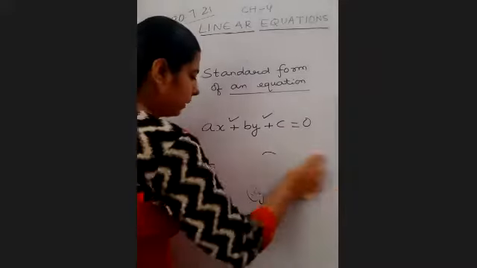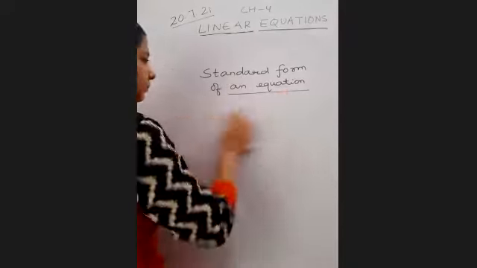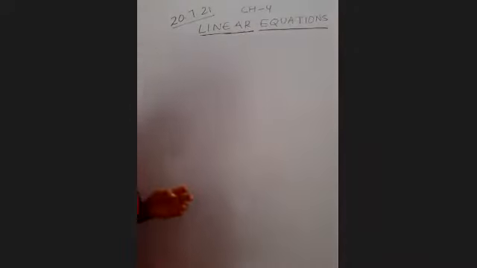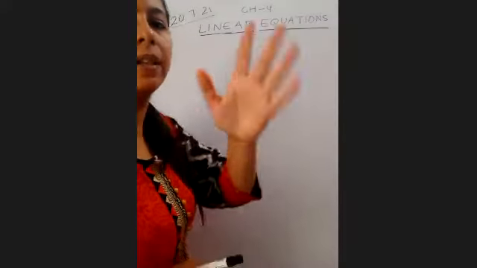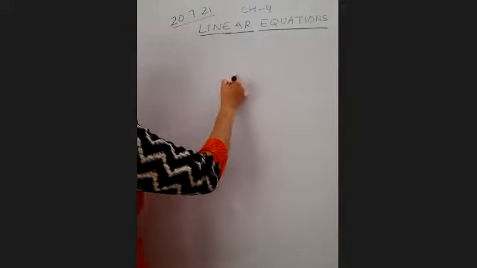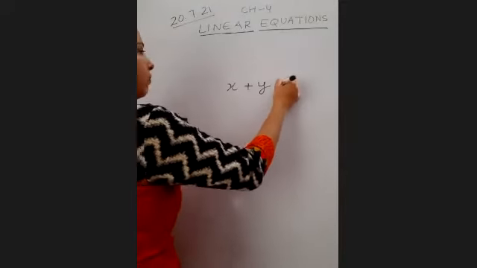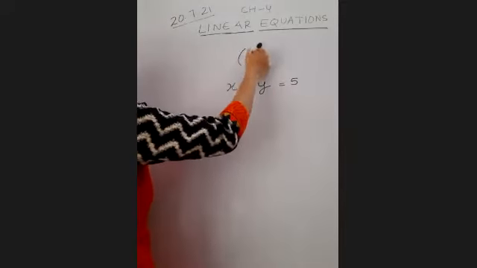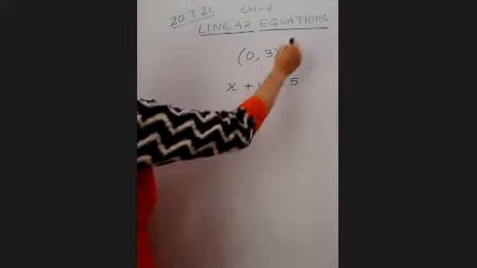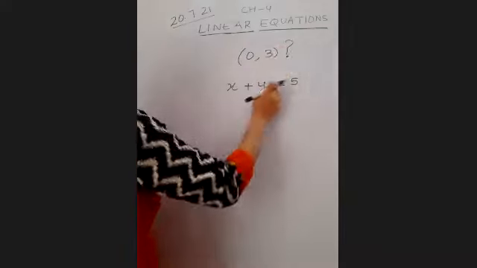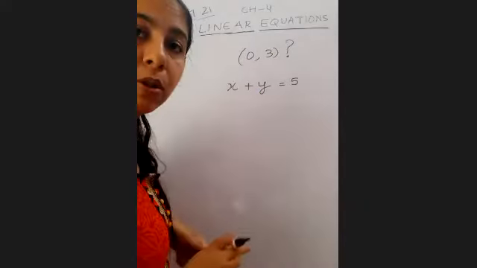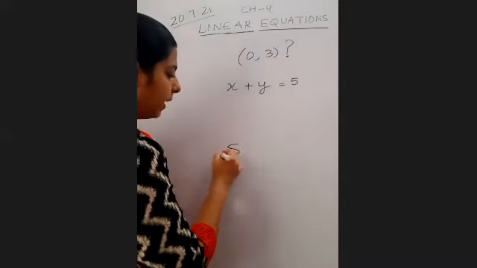I want to explain to you. We just discussed that every equation has infinite solutions, right? Suppose I'm talking about this equation, x plus y is equal to 5, and I'm asking you, children, check if (0, 3) is a solution. Now, (0, 3) will be a solution if it satisfies the equation.